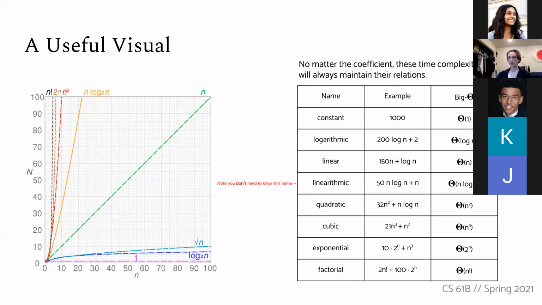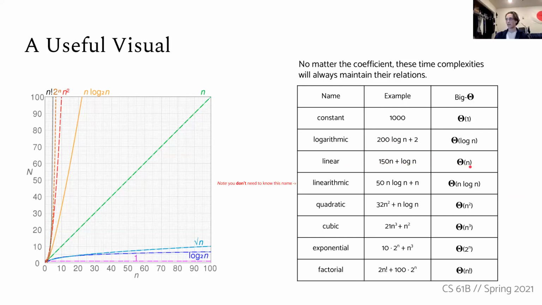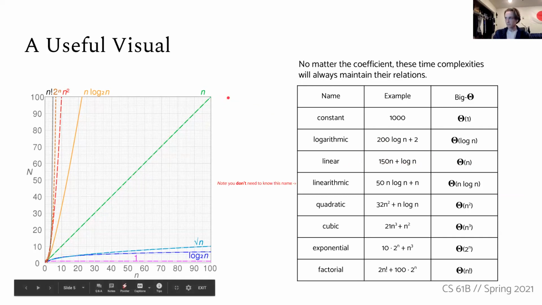We can disregard any type of base because the base of a log is really just multiplying some log by a constant. So we just refer to any logarithmic function as theta of log n. Next we have linear, which is going to describe theta of n just by itself. You can see that as a linear graph right here.